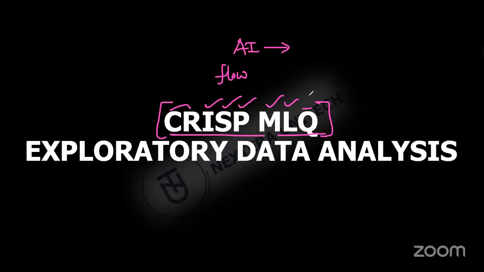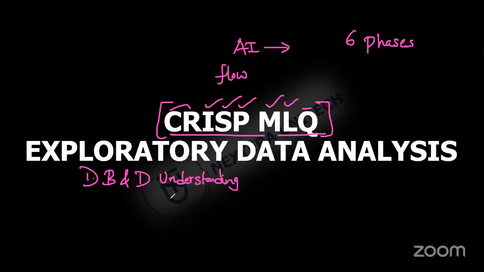In crisp-mlq, there are in total 6 phases. What are these 6 phases? The first phase is business and data understanding.